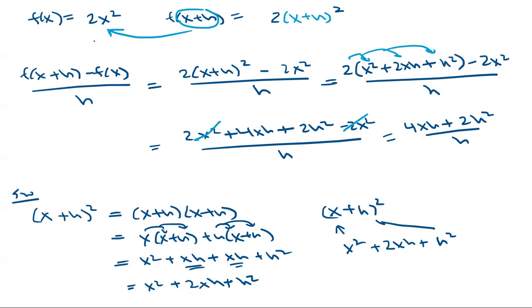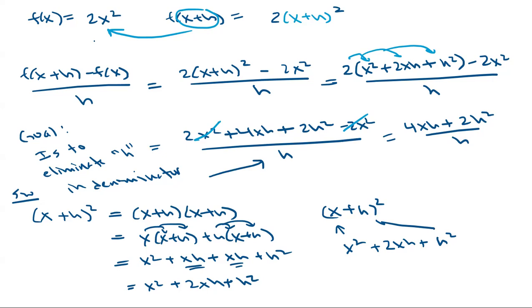And what is our goal? Our goal is to eliminate h in the denominator. Okay? Which is this one right here. All right? We need to get rid of that denominator because that's what's causing us problems. Okay?